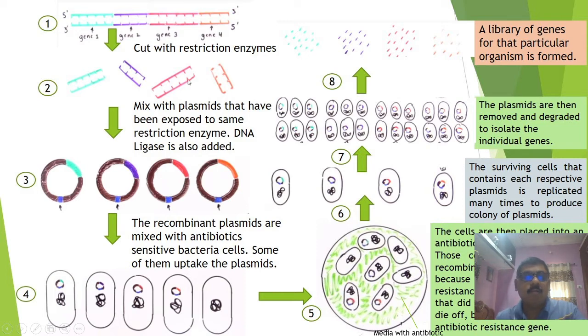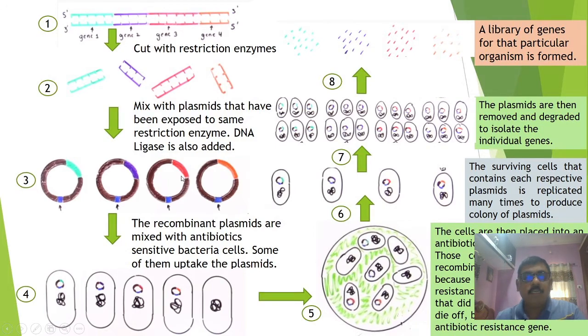So these genes, these genes, these genes, and these. In this way, the library of genes for the particular organism is formed. And this is how the shotgun technique, or shotgun cloning, works.